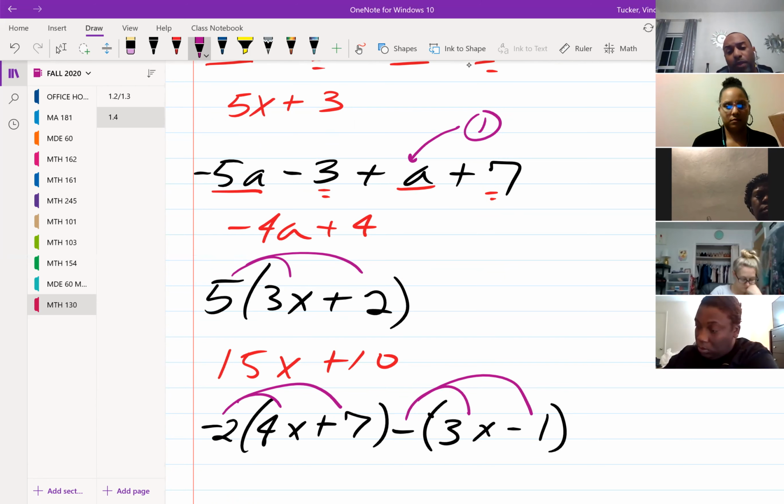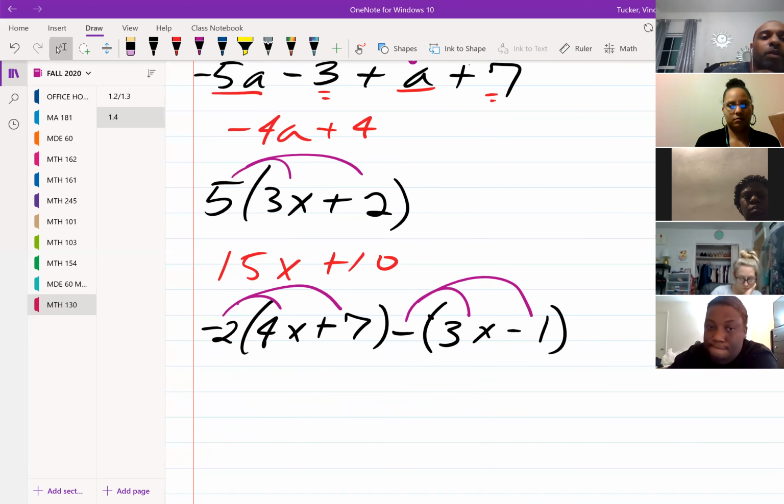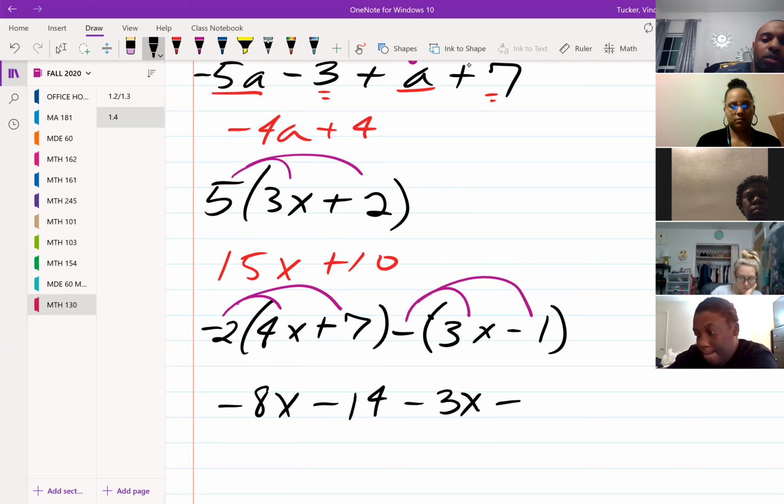A lot of times people forget to give it to each term in the parentheses, and they'll just give it to the first term. And of course, you have at least one of your terms wrong if you don't distribute that negative throughout the parentheses. So that'll be a negative 8x minus 14 minus 3x plus 1.